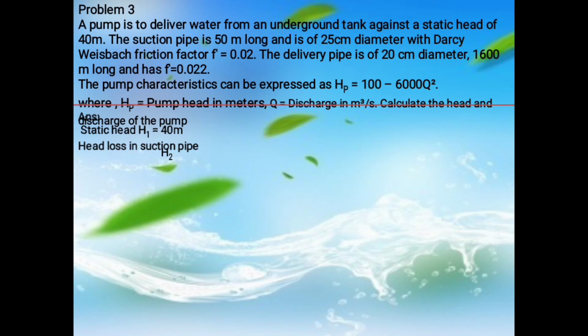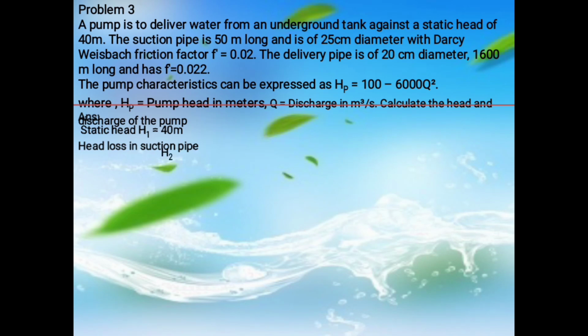And the diameter of the delivery pipe is 20 centimeter. And pump characteristic can be expressed as HP equal to 100 minus 6000 Q square, where HP is the pump head. Then first find out the head loss in suction pipe and head loss in delivery pipe.